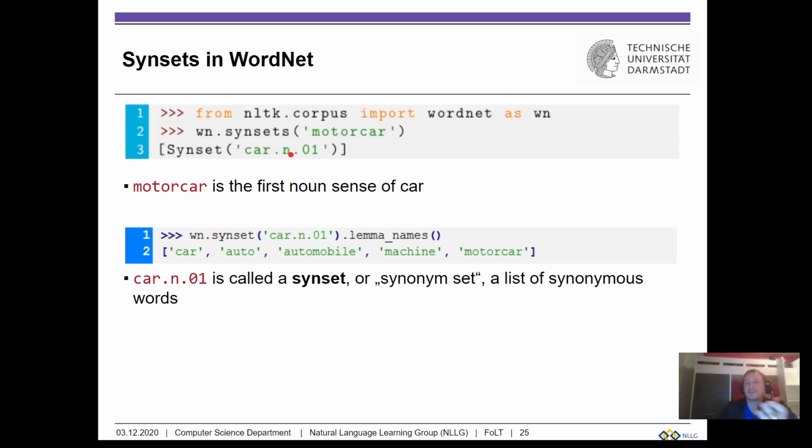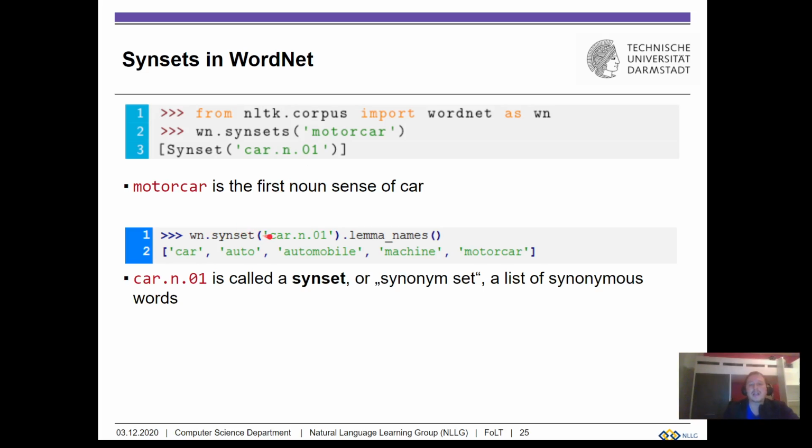It's one verbose string that denotes this synset, and it's subcategorized by its property of being a noun. And here is just an index. So this is the synset with the name car, and the words that are in the synset are nouns, and this is the first such meaning-equivalent set.